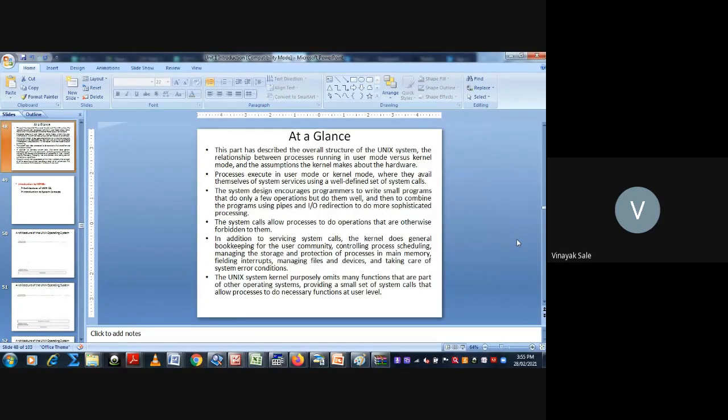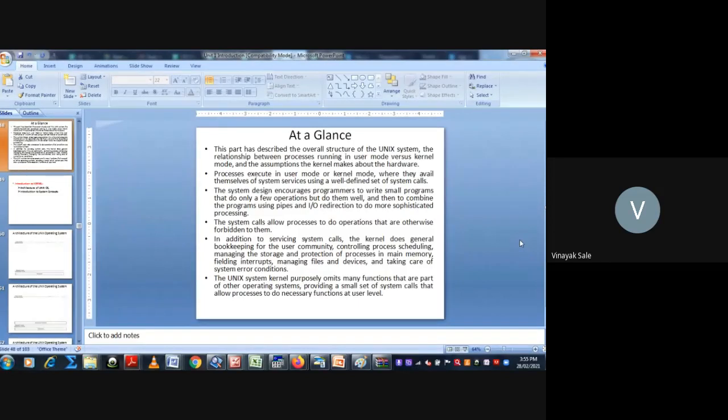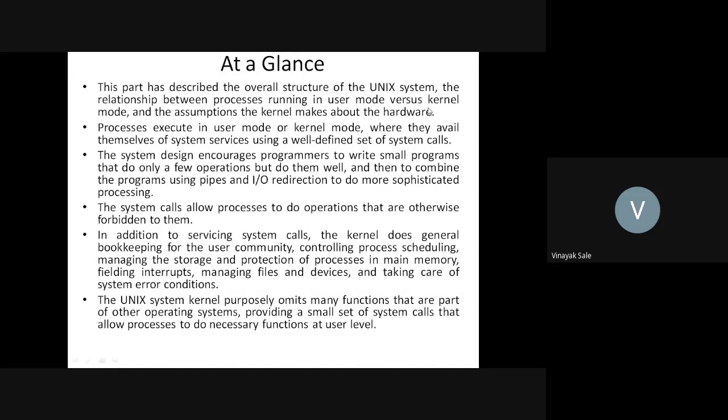At a glance, in a previous lecture we studied the overall architecture of the system, the relationship between processes running in user mode versus kernel mode, and the assumptions the kernel makes about hardware. Processes execute in user mode or kernel mode, where they avail themselves of system services using a well-defined set of system calls.